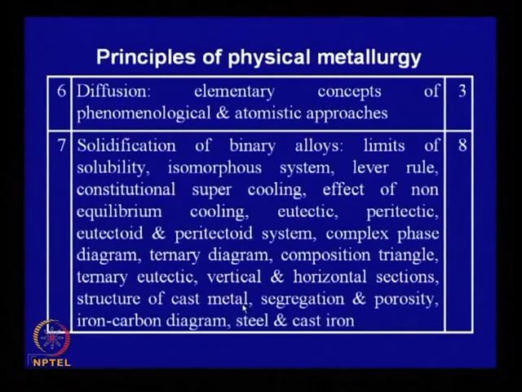We will try to explain what segregation and porosity are, and then we will look at one important phase diagram, the iron carbon diagram, which explains why the properties of iron carbon alloys change, and what type of processing they can be subjected to.